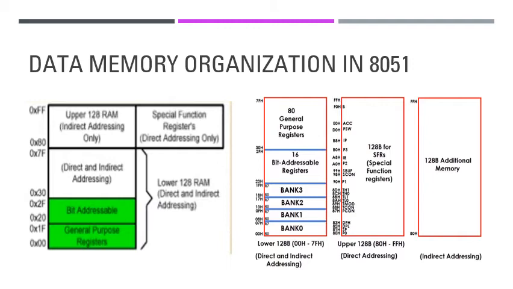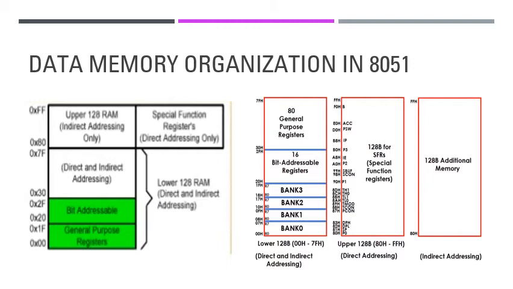Further, the lower 128 bytes are divided into three parts: register banks, that is bank 0, bank 1, bank 2 and bank 3, starting from 00H to 1FH of 32 bytes; the bit addressable area from 20H to 2FH of 16 bytes; and general purpose registers, that is the scratch pad area, from 30H to 7FH, that is of 80 bytes.